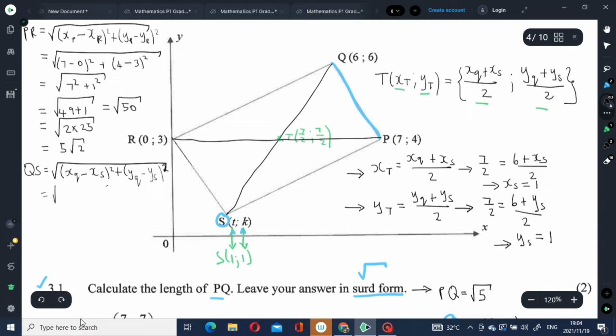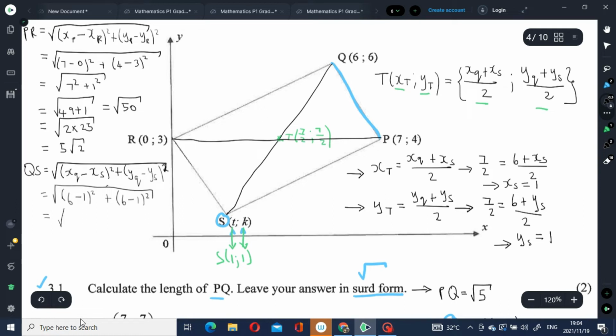Square root of, xq in this case is, we have 6 minus 1 squared plus 6 minus 1 squared.